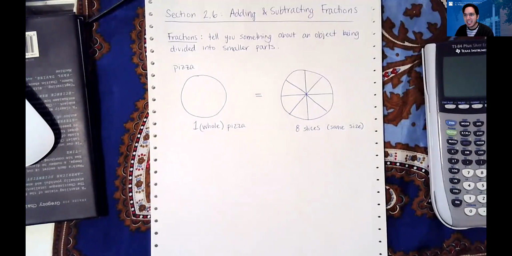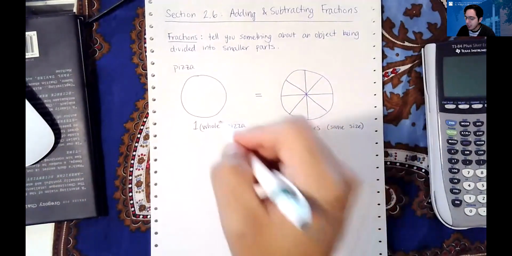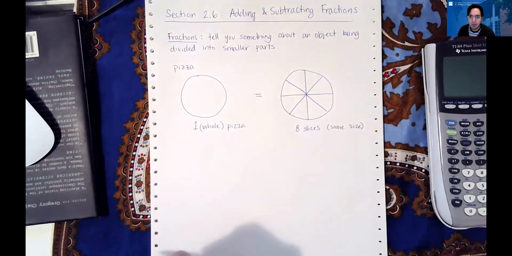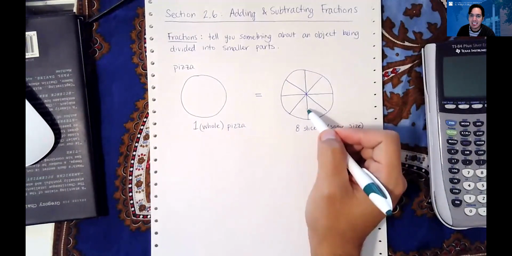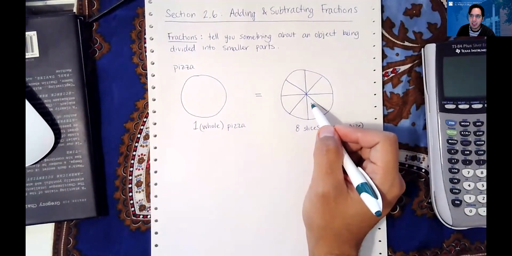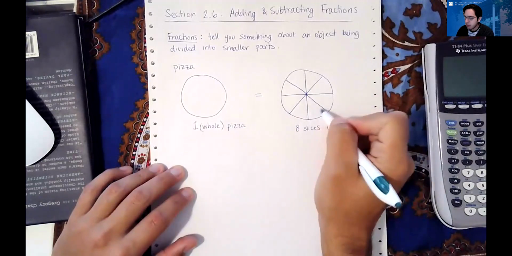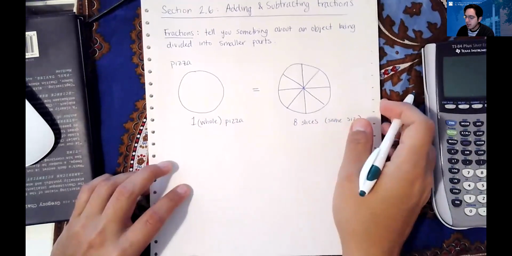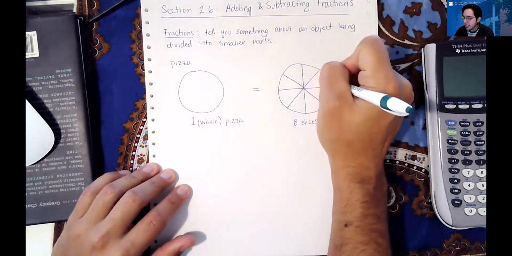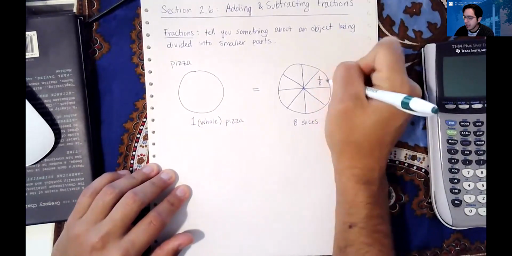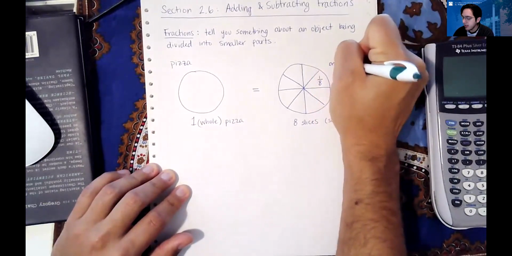I would need 100 yen in order for that to be a fair trade. In the same way that with this pizza trading example, I would need 8 slices to trade for a whole pizza. Well, the way we would express this fraction would be each of these slices is actually worth 1/8. So we would say 1/8.